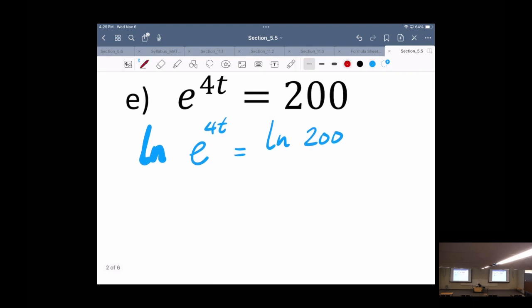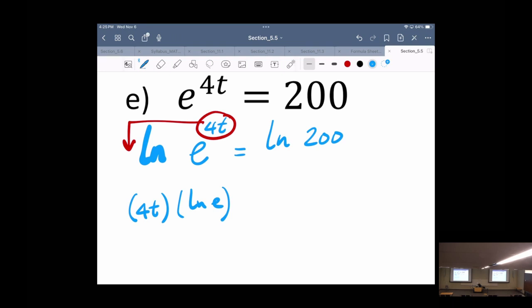And so on the left, this power comes down and in front. So we end up with 4t, I'll put it in parentheses for clarity, times natural log of e, and then I have natural log of 200. For now, I keep it like that.